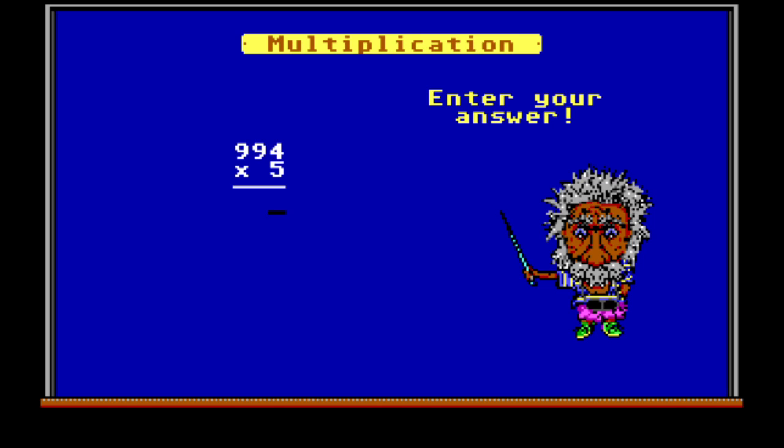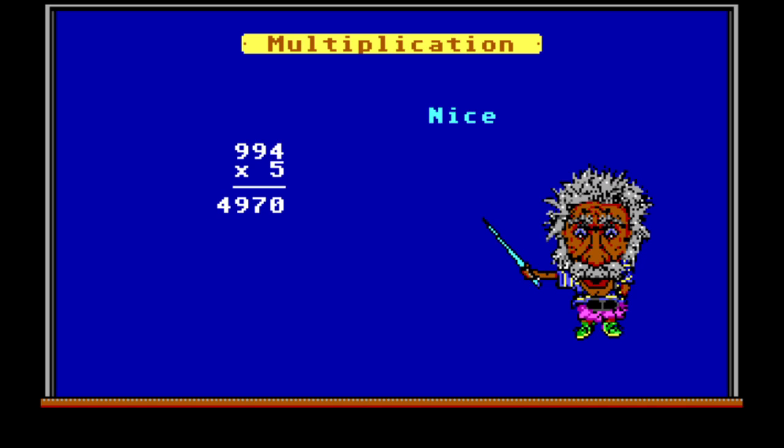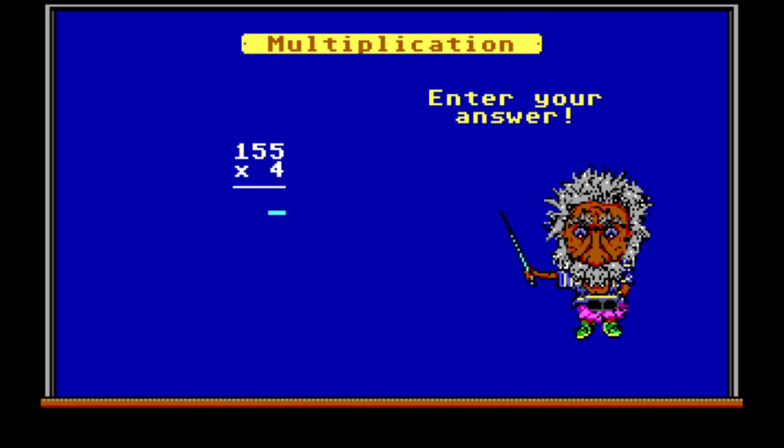All right, so to multiply by 5, chop it in half, which should be 497, and then take that times 10. To multiply by 4, double a number and then double it again. 310, 620.